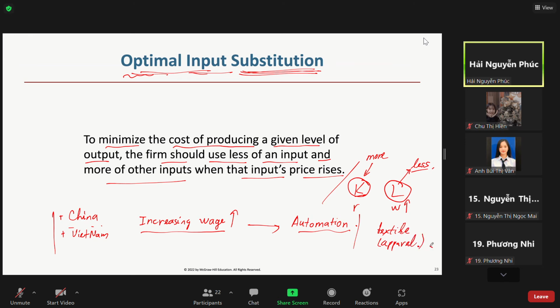Let's watch the following video to explain the point. Let's wait a minute. I'm going to give you a video as an illustration for our discussion. All right.